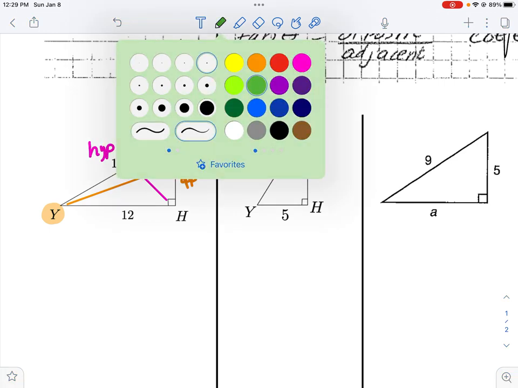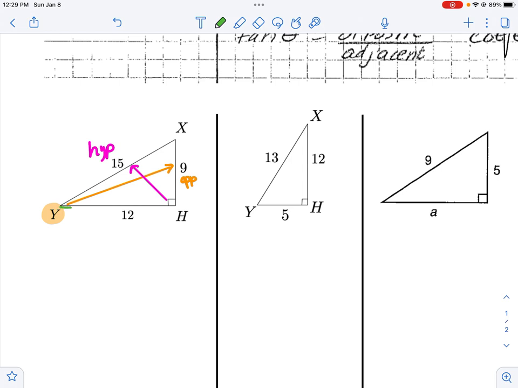And the piece that is actually touching the y is the adjacent. And therefore, we are going to have sine of y is equal to 9/12, which reduces to 3/4.